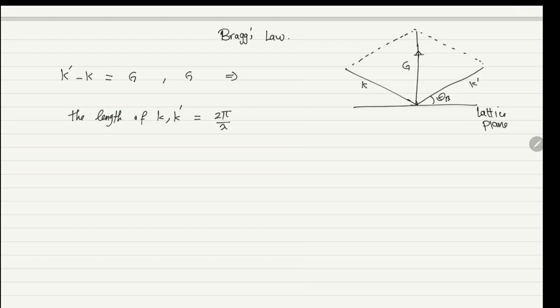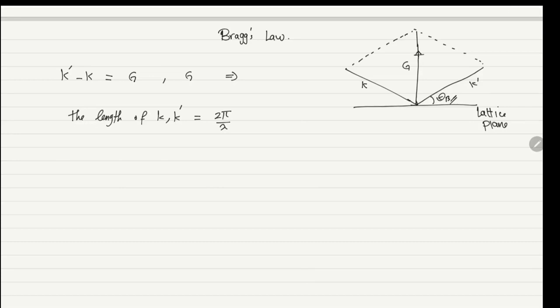And this is actually called Bragg's reflection. The angle between the plane and the wave vector of the incoming and outgoing waves is called the Bragg angle, and it's denoted by theta b, this one here.